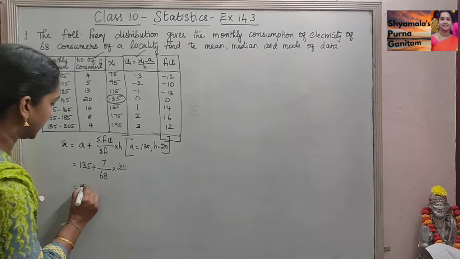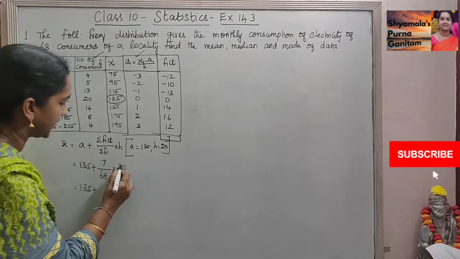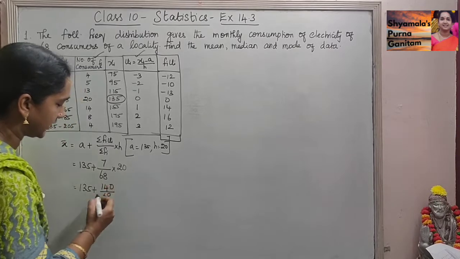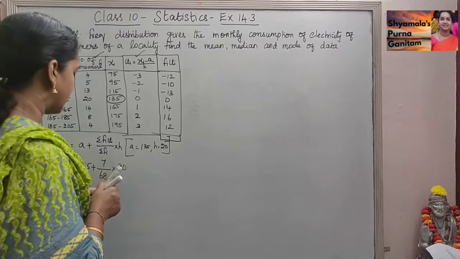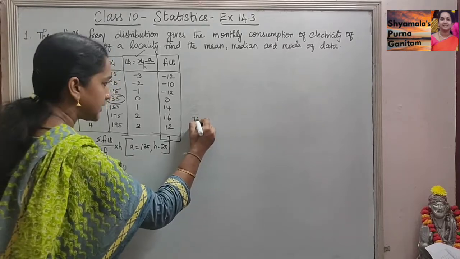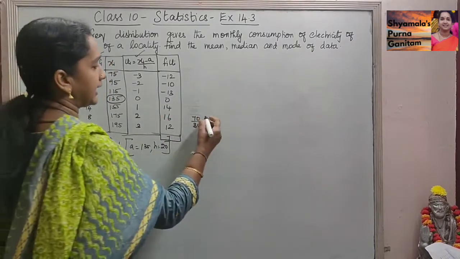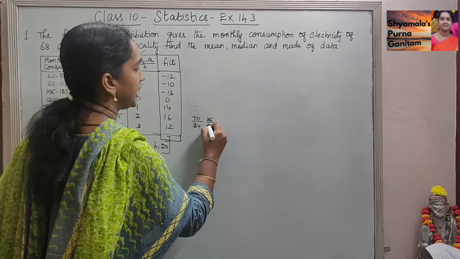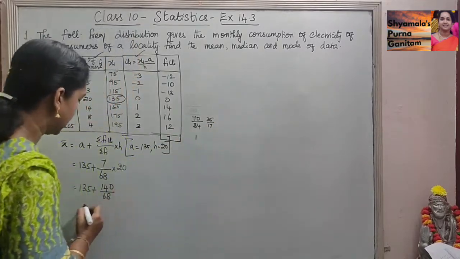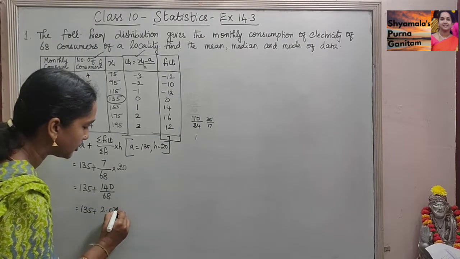Okay. So when we simplify this, 135 plus 140 by 68. When we simplify 140 by 68 it will be 70 by 34, and again when we simplify, 35 by 17. So we get 135 plus 2.07.